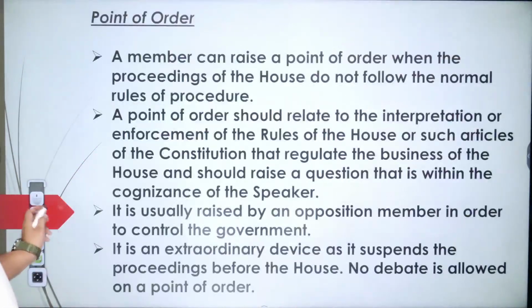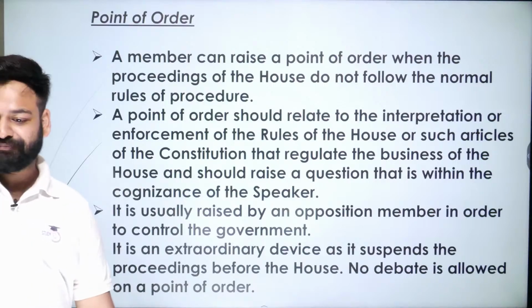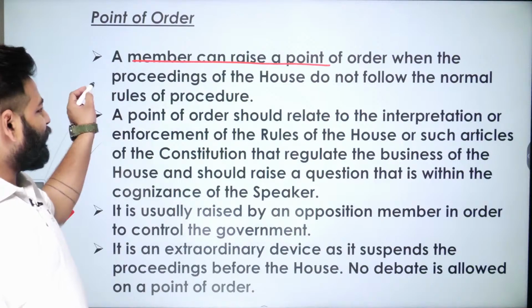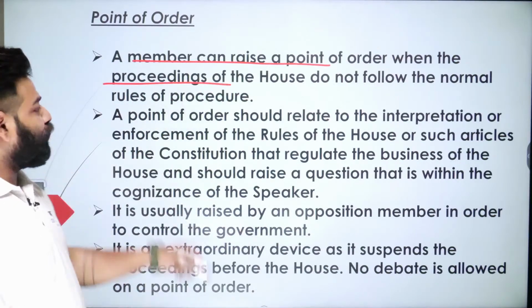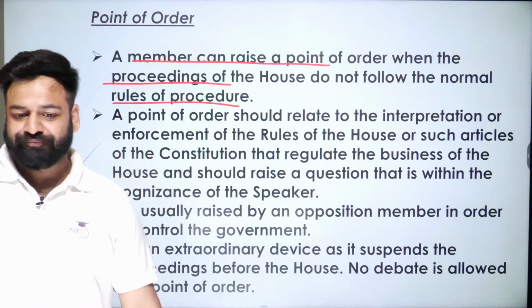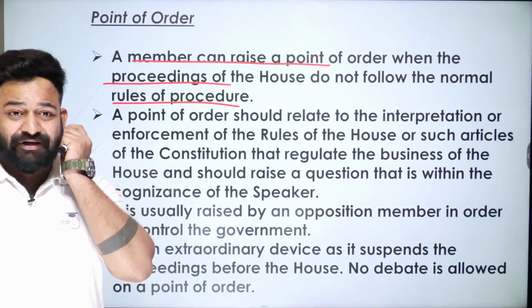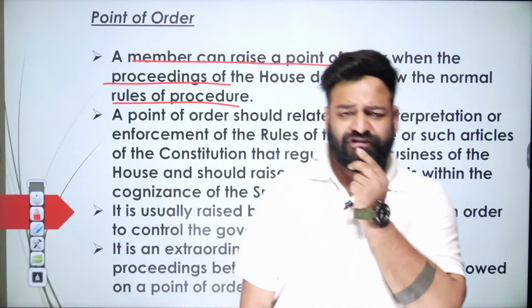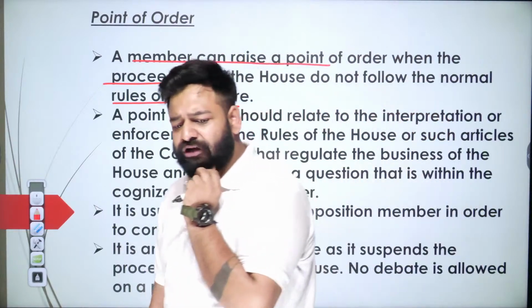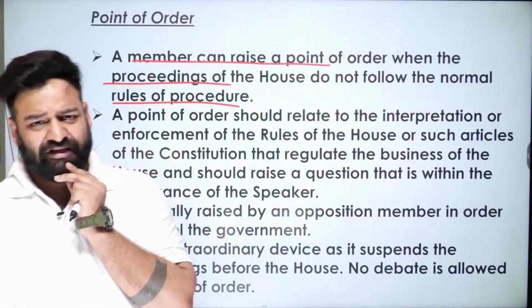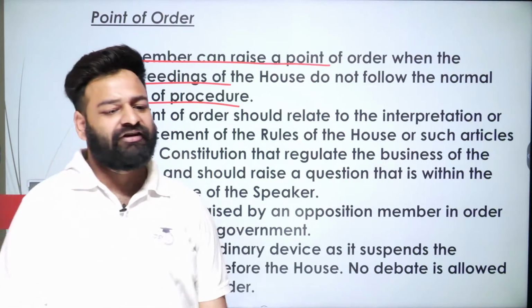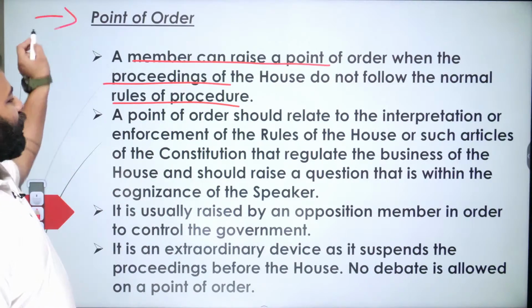Next, point of order. What is this? A member can raise a point of order when the proceedings of the House do not follow the normal rules of procedure. Simply speaking, when normal rules or procedure are violated, and any member feels this is not going right, then that member can raise the point of order.